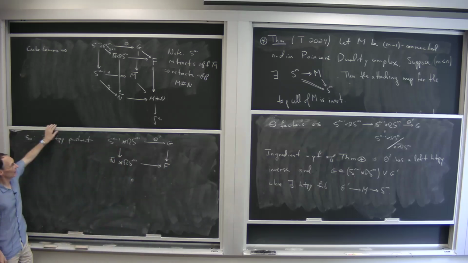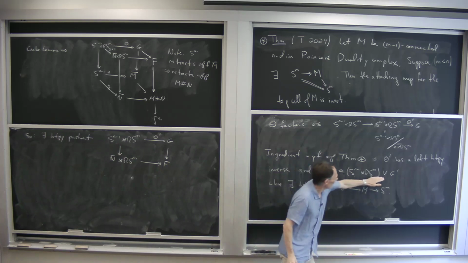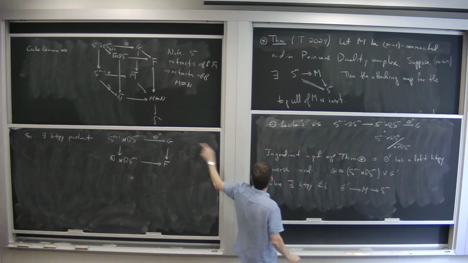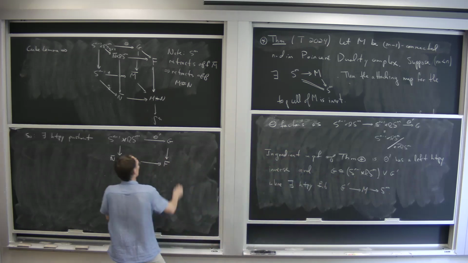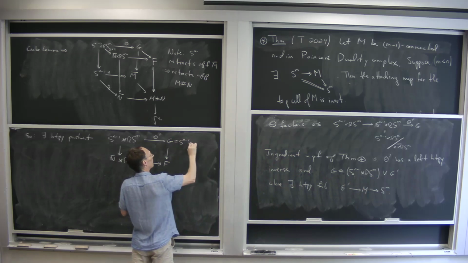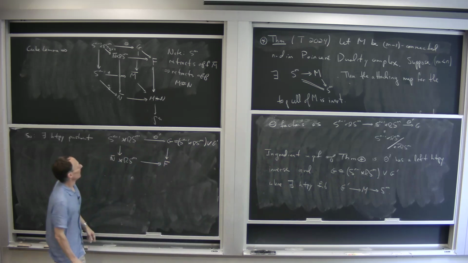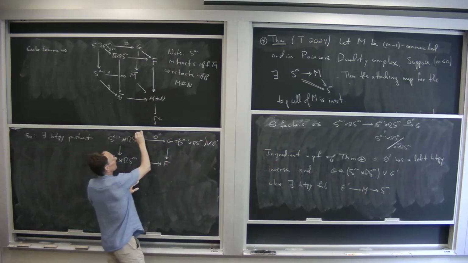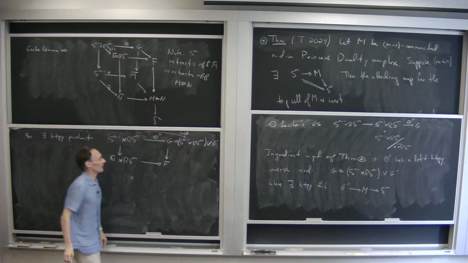That looks like that. G here splits as a wedge, where that map theta prime is just the inclusion of this factor. And that means this composite is just the inclusion.